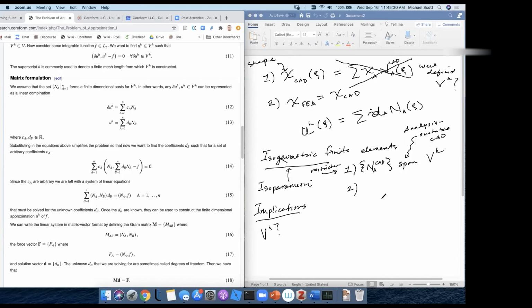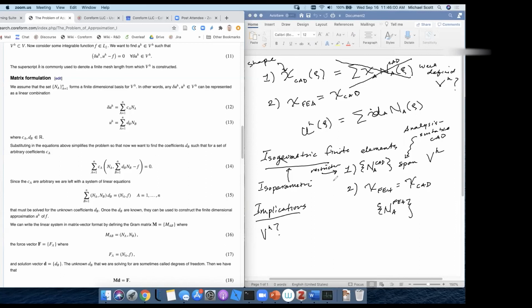This other one, where we say X FEA is equal to X CAD, and then we build our own basis, somehow this is kind of nice because then any CAD can work. In other words, we can use any CAD object and run a simulation directly on that CAD.